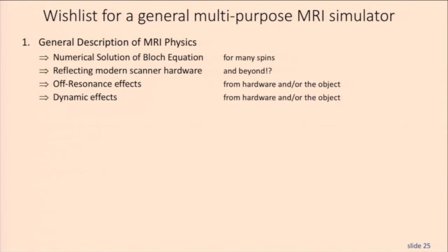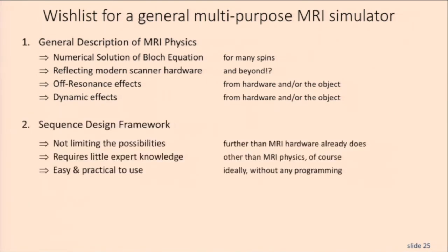So it needs numerical solutions of the Bloch equation, but it should also reflect the hardware of modern MRI systems, and of course include all the nasty effects which, for example, distort our images, either due to off-resonance coming from the subject itself, like the air-tissue interfaces, or coming from the gradient system, for example, which might be nonlinear or whatever.